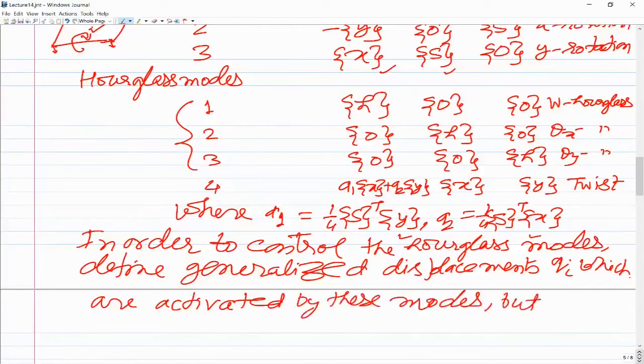So these generalized displacements corresponding to rigid body modes should be zero. The generalized displacements we are talking about vanish in rigid body motion.